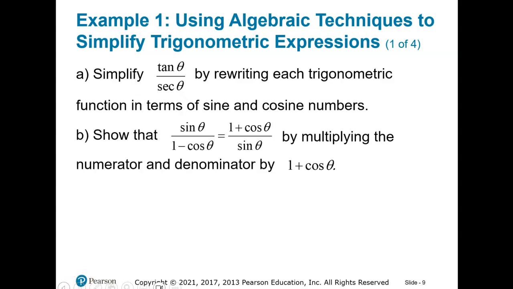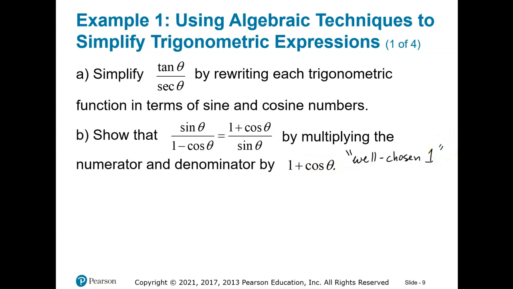All right, now let's show that sine divided by 1 minus cosine is the same thing as 1 plus cosine divided by sine. And we're going to do that by multiplying the numerator and denominator of this left-hand side, the sine theta over 1 minus cosine theta, by 1 plus cosine. So multiplying top and bottom, this is the well-chosen one.